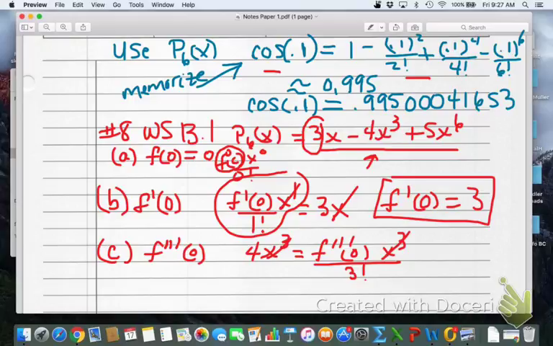All right, so our x to the thirds cancel out, and so we're going to have 4 times 3 factorial equals f triple prime of 0, and 3 times 2 is 6 times 4, so 24 equals that third derivative. All right, and I'll let you guys do the rest of those.